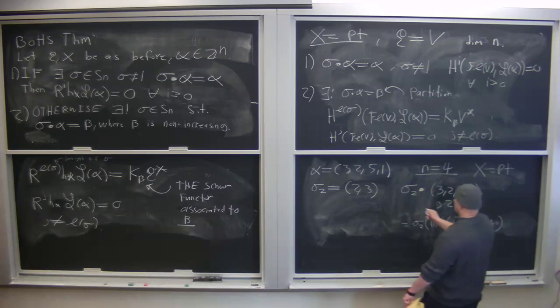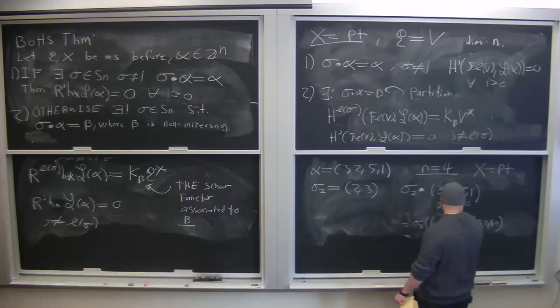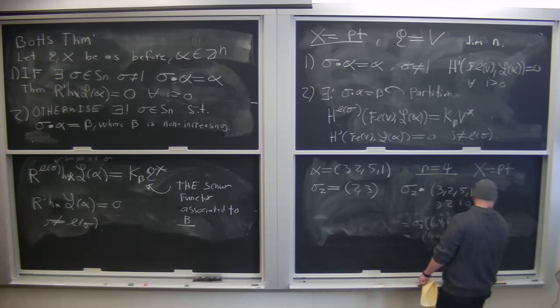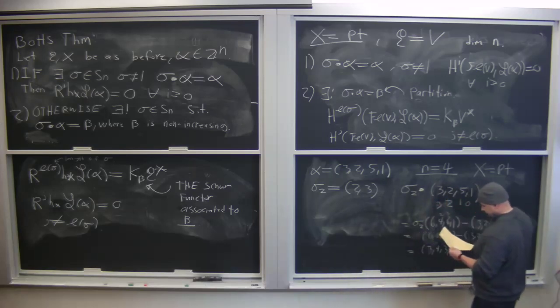I'm exchanging 2 and 3. So now this is 6, 6, 4, 1 minus 3, 2, 1, 0. And so what do I get? Now I've got 3, 4, 3, 1.